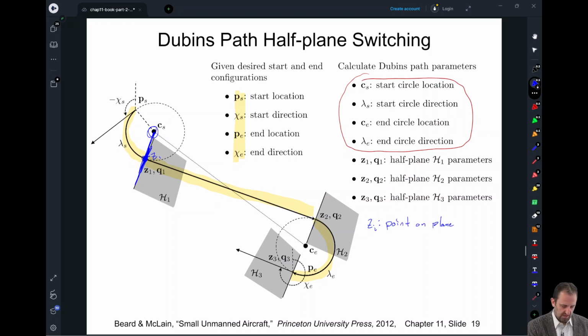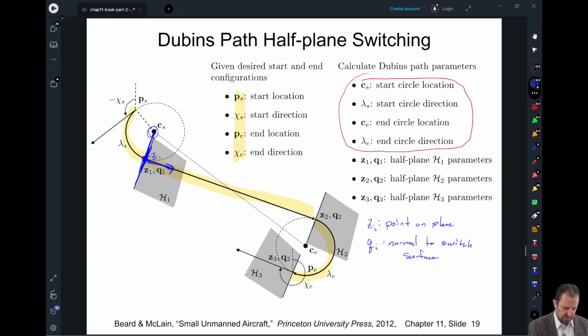The second thing we need to define for each one of our Dubin's paths is the normal vector to that switching surface. So we'll let Qi be the normal to the switching surface. Excellent. So we'll define that for switching.